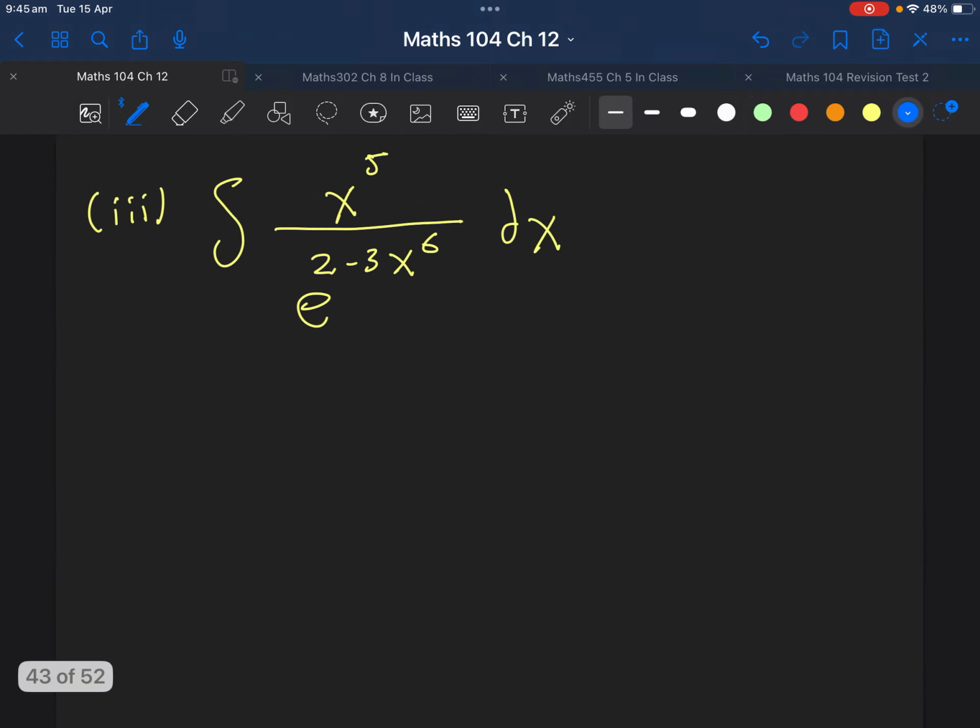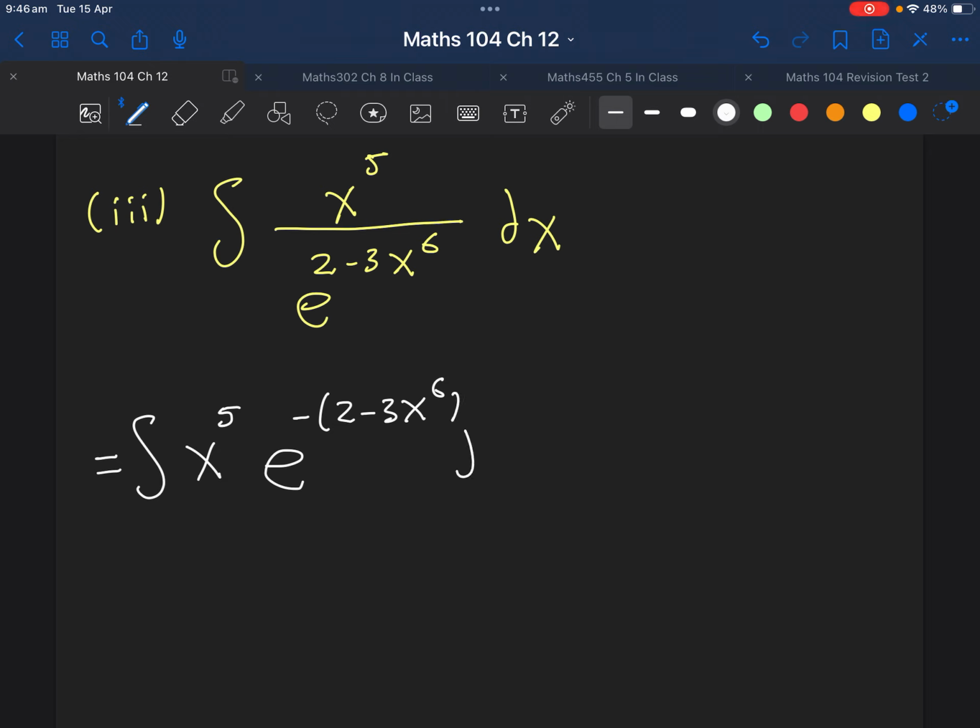Let's go to question part 3, which is the same thing. The first step, I'll need to write down e with the negative here. Now, sometimes you can even go further with it. Look what I will do.